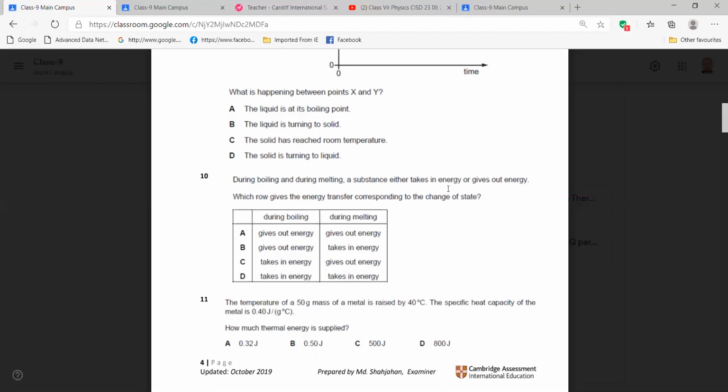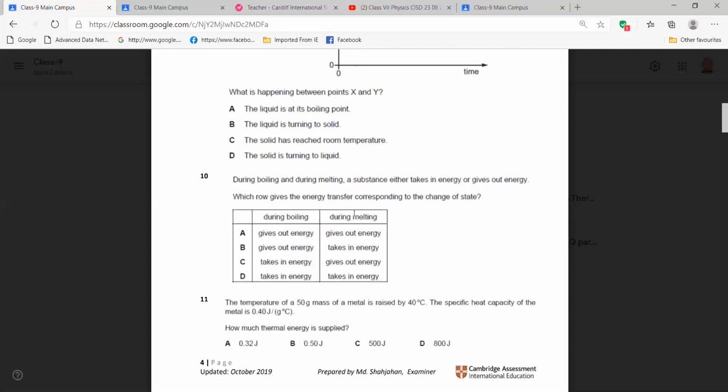Look here, we are having boiling and melting, right? Can you remember both the definitions? They both happen on heating. In melting, we are giving heat to turn solid into liquid. Like ice, if you are giving heat, then it will become water, isn't it?